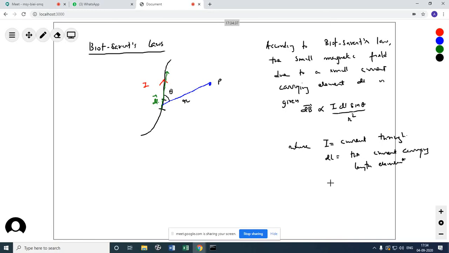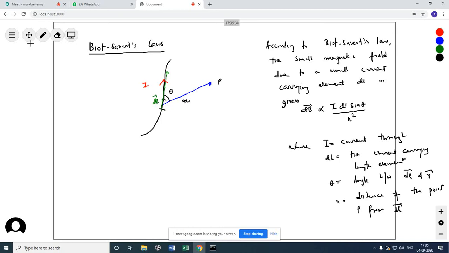What is theta? Although we are taking sine, it is the angle between the dl vector and the r vector. What is r? r is the distance of the point P, that is the observation point P, from the dl vector.